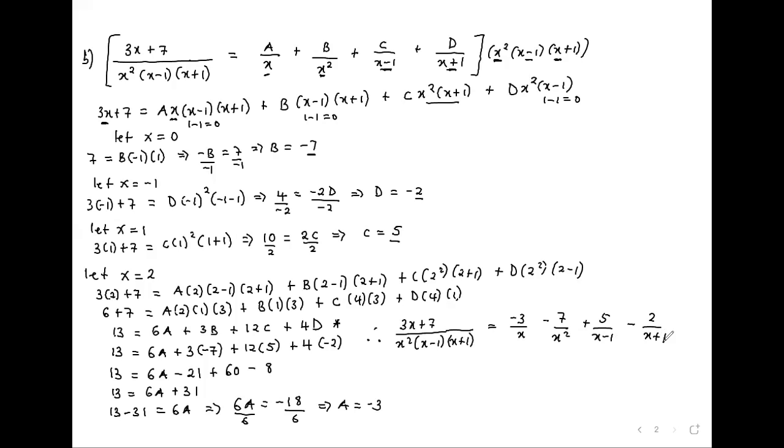So the signs in between have been affected by the values that you have found, not by the sign of the numerator on the right. So this is done only when you have a repeating linear.